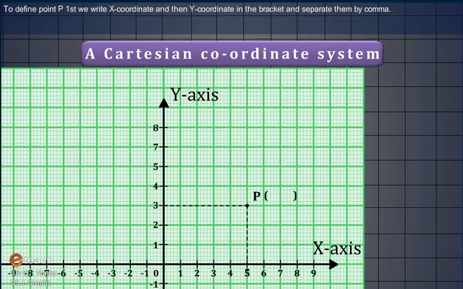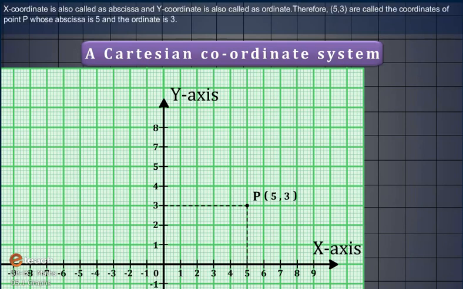To define point P, first we write the x-coordinate and then the y-coordinate in brackets and separate them by a comma. The x-coordinate is also called abscissa and the y-coordinate is also called ordinate. Therefore, 5, 3 are called the coordinates of point P, whose abscissa is 5 and ordinate is 3.